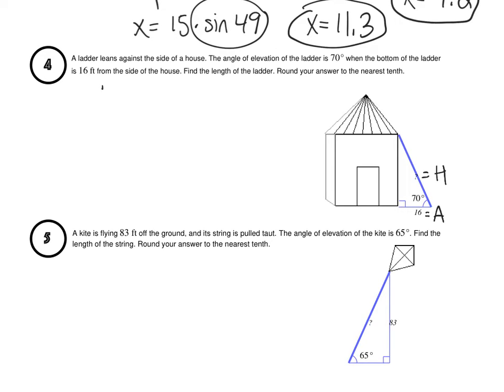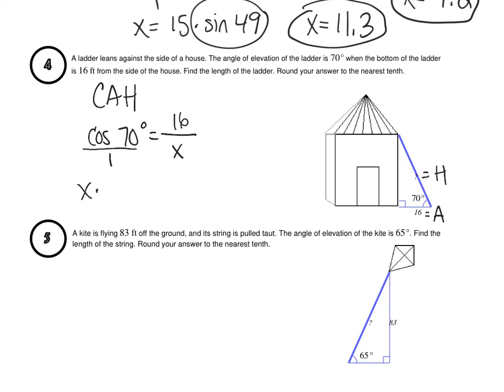So out of our trig functions, we're going to use CA, which stands for the cosine. So set it up: cosine of 70 degrees is equal to adjacent, which is 16, over hypotenuse, which we're going to call x. Again, put cosine over 1 and cross multiply. Watch what happens here.